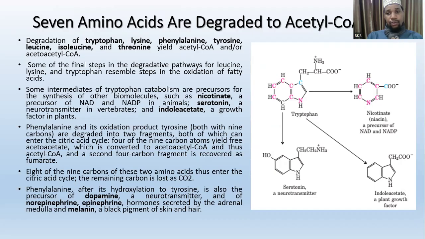Nicotinate is the precursor of NAD and NADP, nicotinamide adenine dinucleotide and nicotinamide adenine dinucleotide phosphate, which we call reducing equivalents. Usually, they are used in oxidation-reduction reactions.